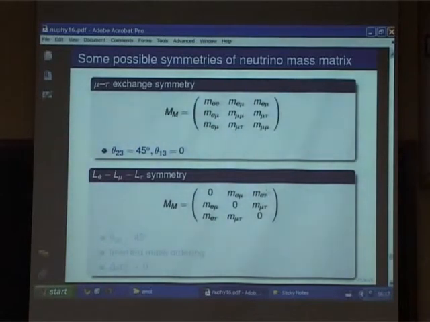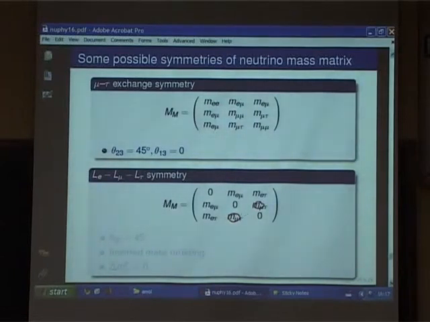Similarly, e tau exists. The mu tau element actually doesn't exist, because L_e is 0, L_mu is 1, L_tau is 1, so this term is minus 2. So you only get this.